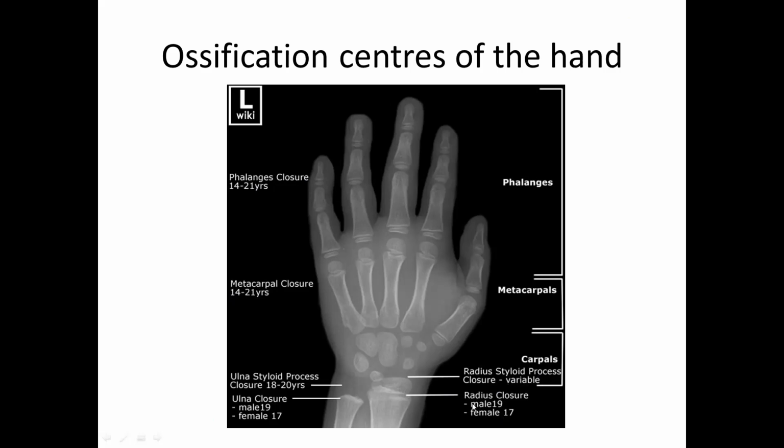Radius closure in males is 19, in females 17 years. Then ulnar closure, males 19, females 17. Ulnar styloid process closure is 18 to 20 years. Right? So in this child, the ulnar styloid has not started to ossify.